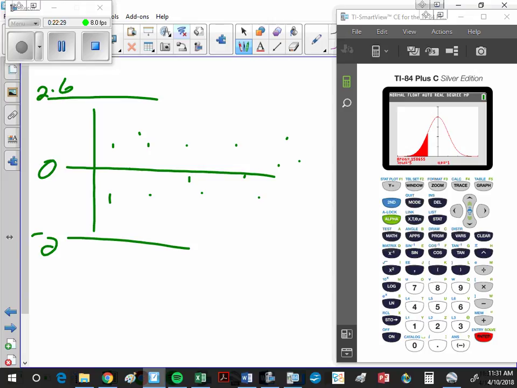A, true or false, and explain. The z-statistic is positive when the average of the draws is more than 50. Yes. B, how many investigators should get a positive z-statistic? 50 of them, half of them. How many of them should get a z-statistic bigger than 2?